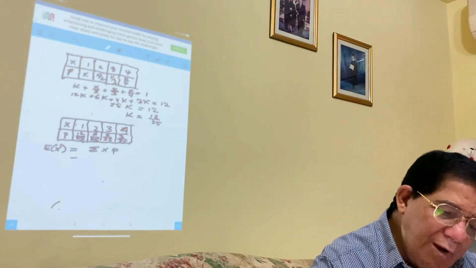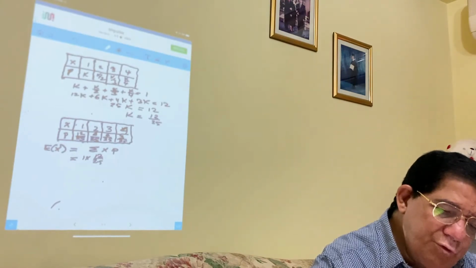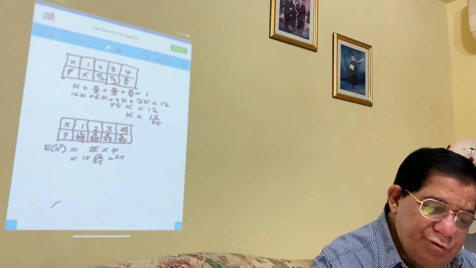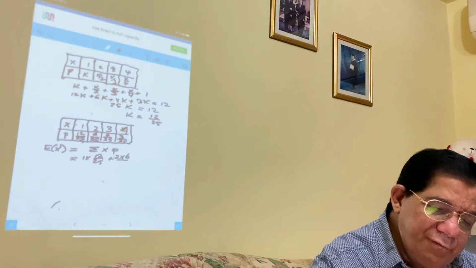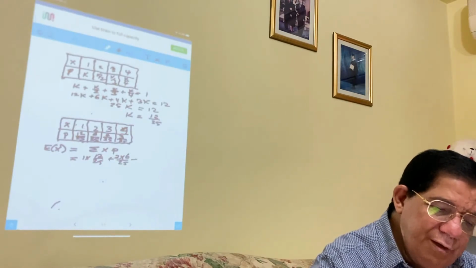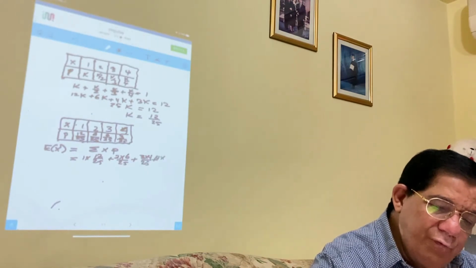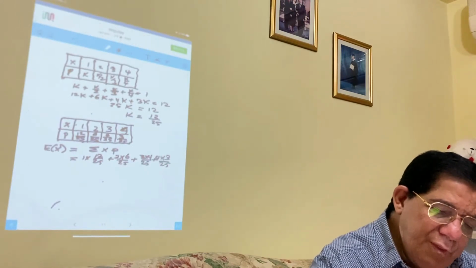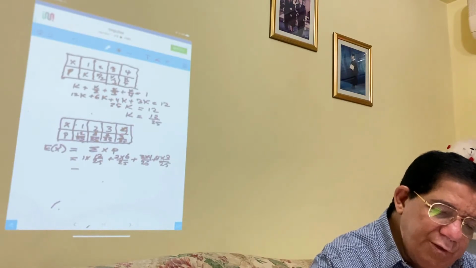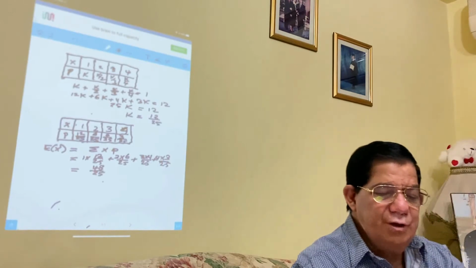Therefore, it is 1 times 12 over 25 plus 2 times 6 over 25 plus 3 times 4 over 25 plus 4 times 3 over 25. The answer is 48 over 25. This is the expectation.